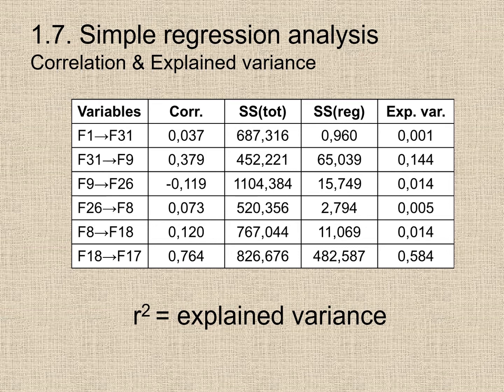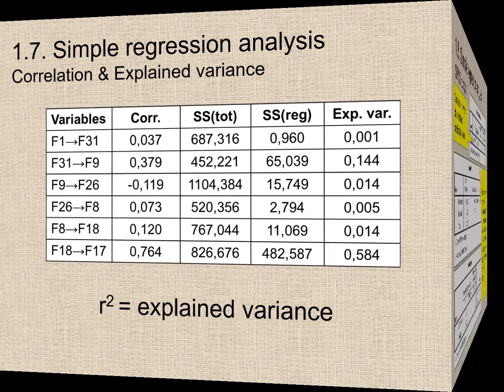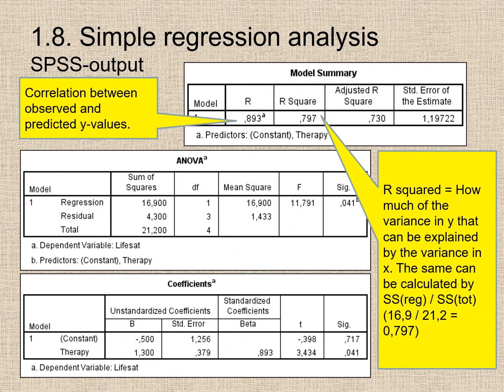Here we have SPSS output. So we predict life satisfaction from amount of therapy. And we get a few values. We get something that's called multiple correlation. It's a correlation between observed and predicted values on the dependent variable.